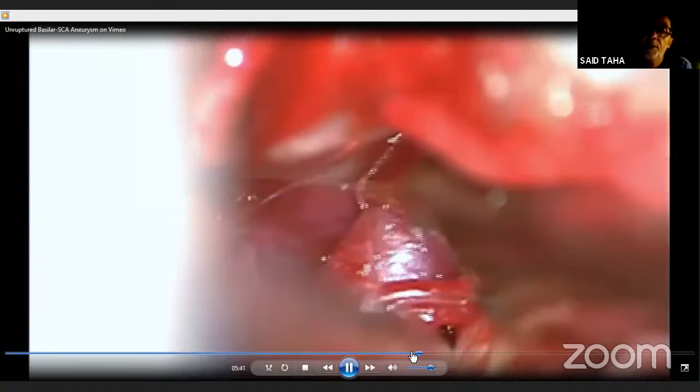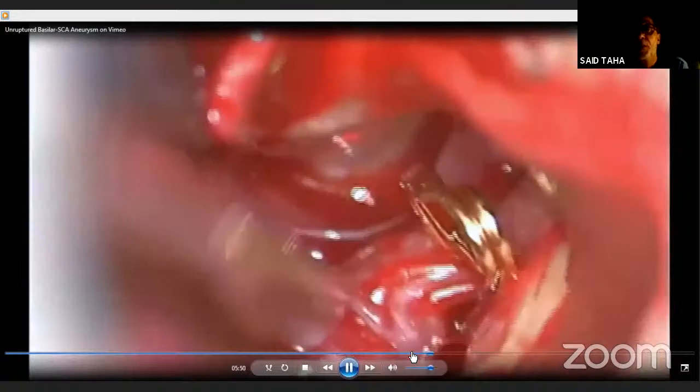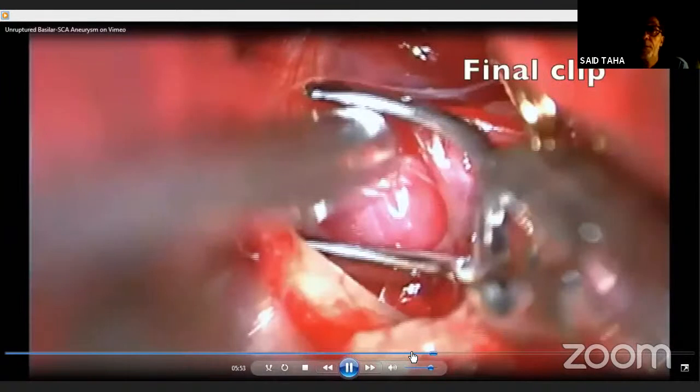He puts the temporary clip on the basilar artery, below the perforating arteries, and puts the clip.